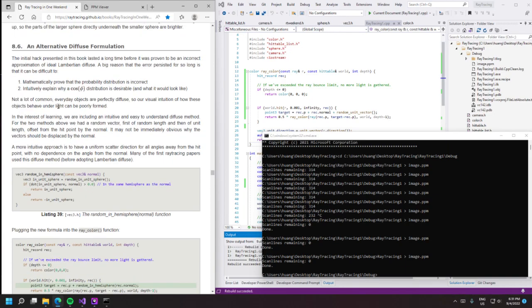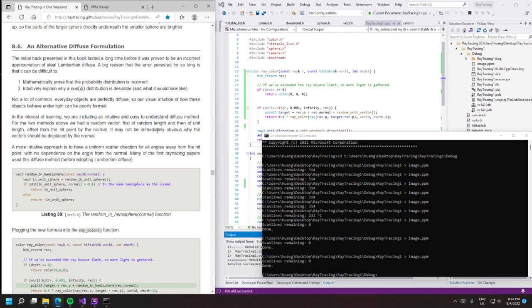And there's an alternative diffuse formulation. Okay, so basically the thing was not really the probability distribution we were looking for. Okay, for the two methods above, we have a random vector, first of random length and then of unit length, offset from the hit point by the normal.